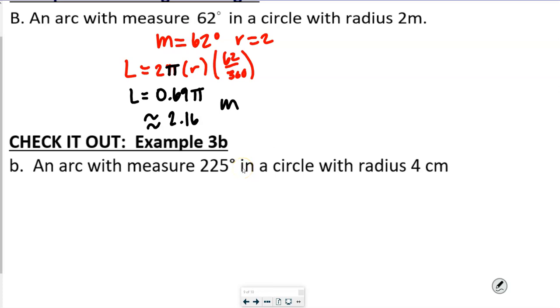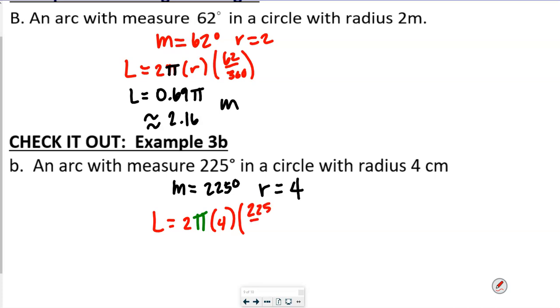So here again, m equals 225. The radius is equal to 4. So we're going to do the length is equal to 2 times pi times our 4 times 225 divided by 360. Put that in the calculator just like that.